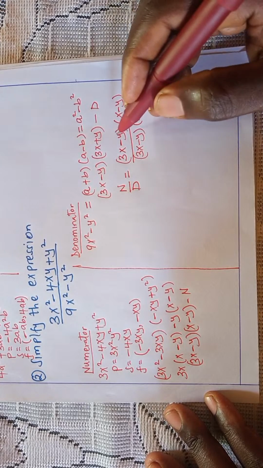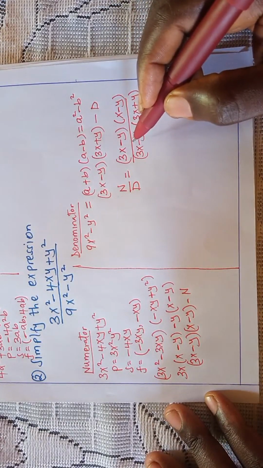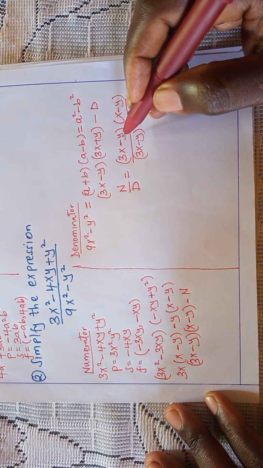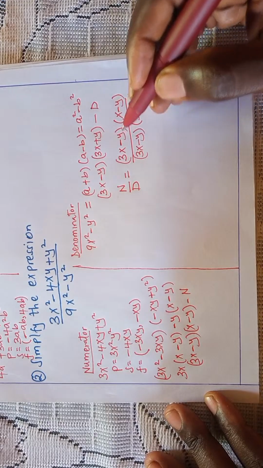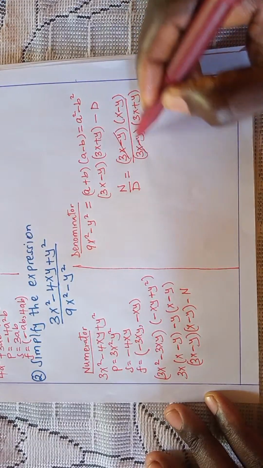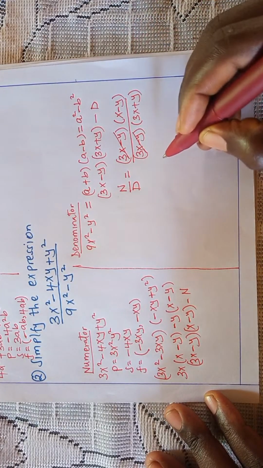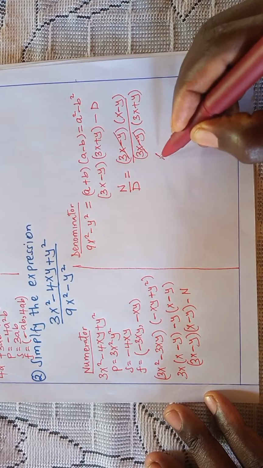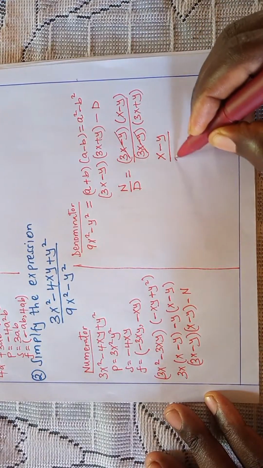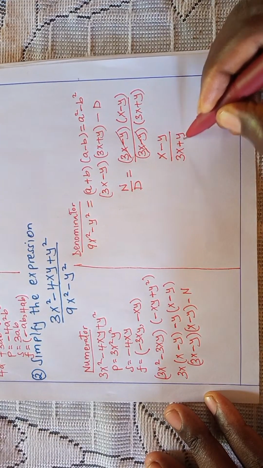Yes, of course, we have 3x minus y on the numerator part and 3x minus y on the denominator part. Now, we want to cancel the two similar elements, and then our final answer is going to be x minus y divided by 3x plus y.